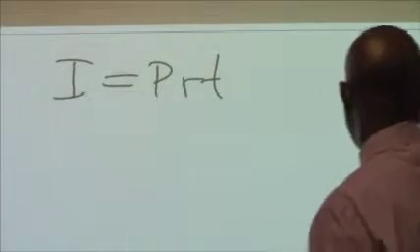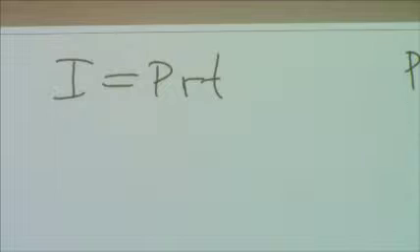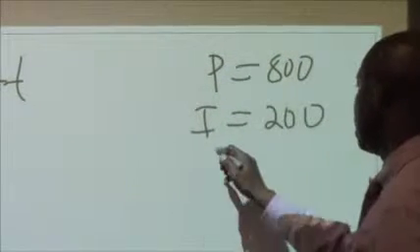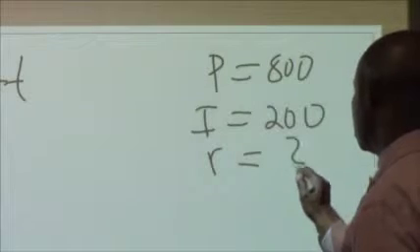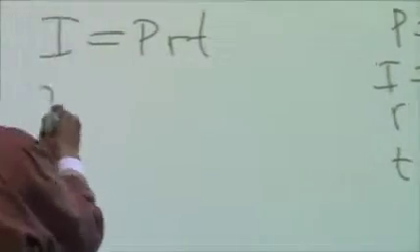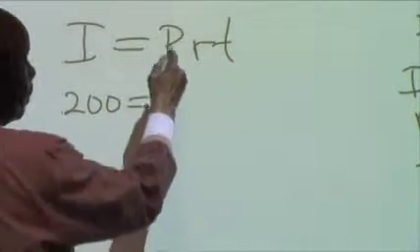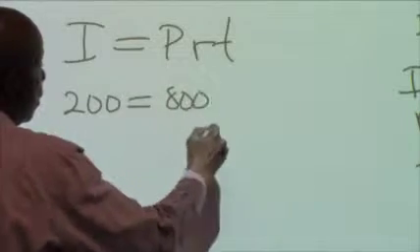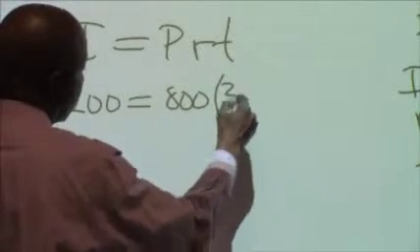We said the principal was $800. We also saw that the interest was what? $200. The rate is what we don't know, and the time is 2/3 of a year. So let's plug that in here. I is 200, P is 800, rate is R, times what? Time, which is 2/3.